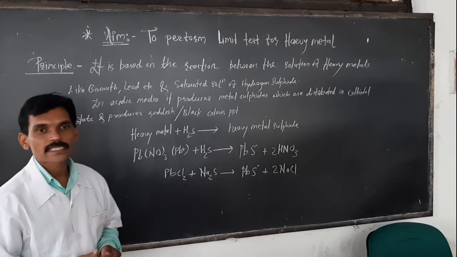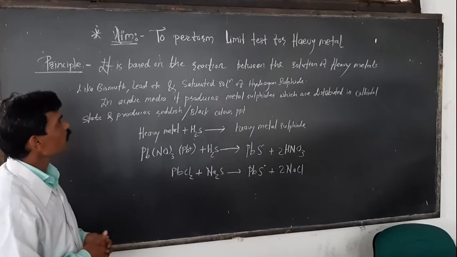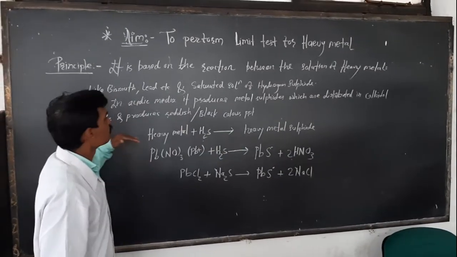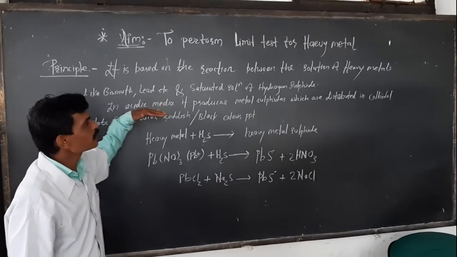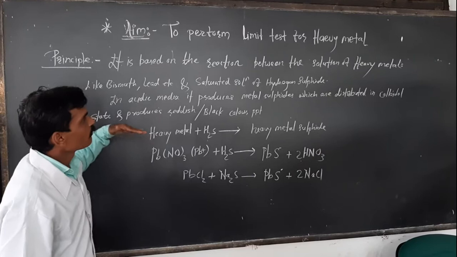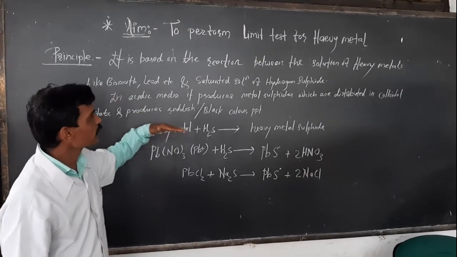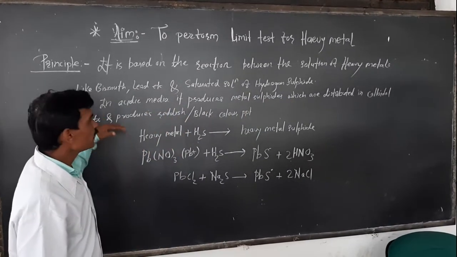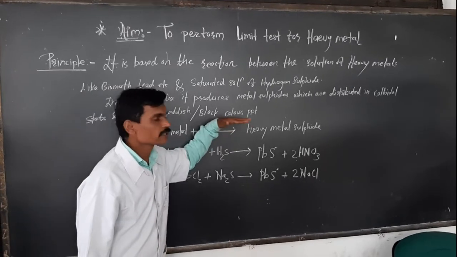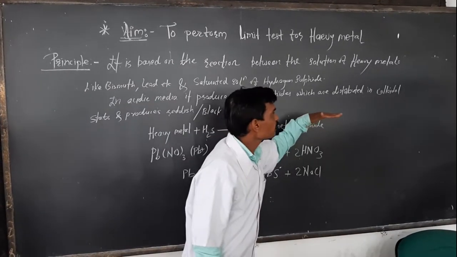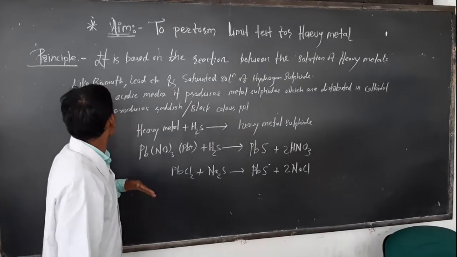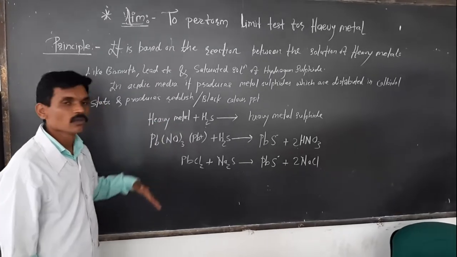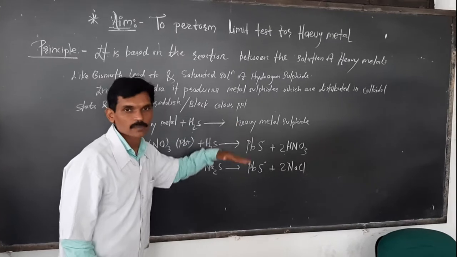The principle of this test is based upon the reaction between the solution of heavy metals like bismuth, lead, etc., and the saturated solution of hydrogen sulfide. Generally, in acidic media, it produces metal sulfides distributed in a colloidal state, which produce either a color like reddish, or sometimes a black colored precipitate.